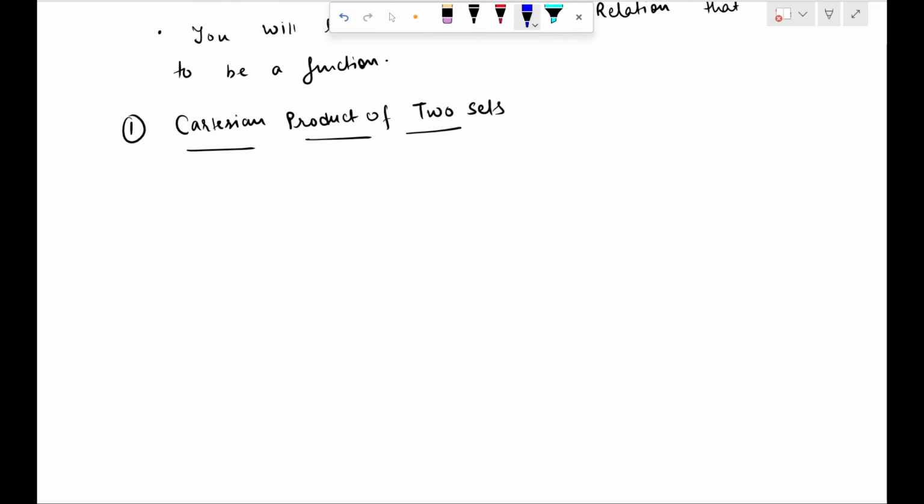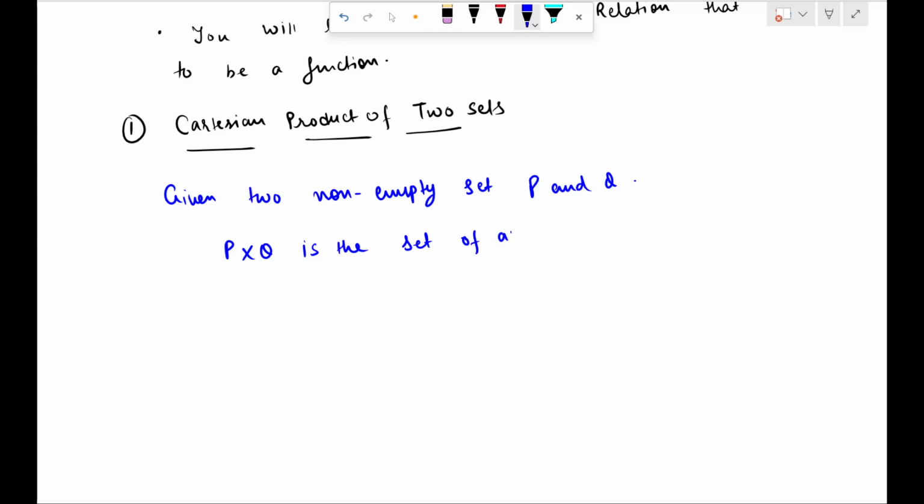If we have two non-empty sets P and Q, then the Cartesian product P cross Q is the set of all the ordered pairs of the elements from P to Q.